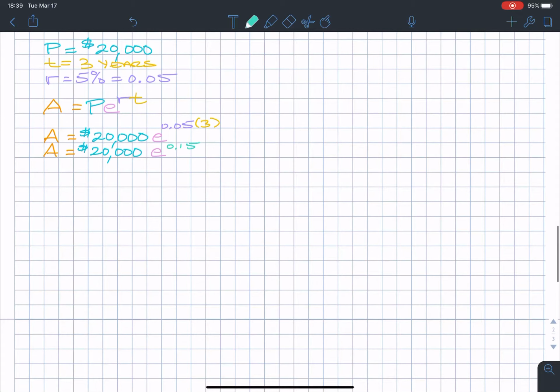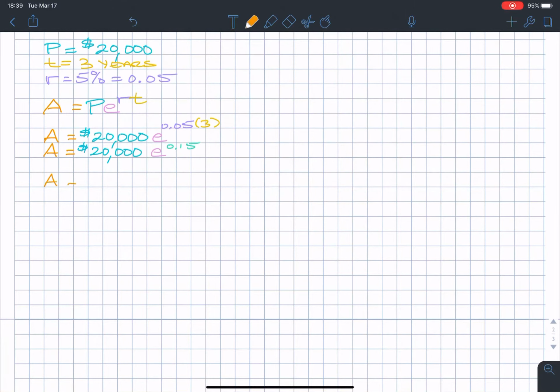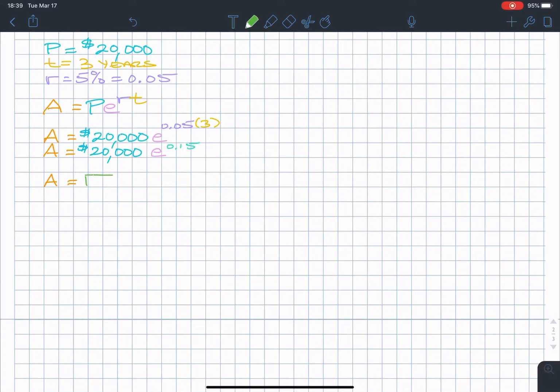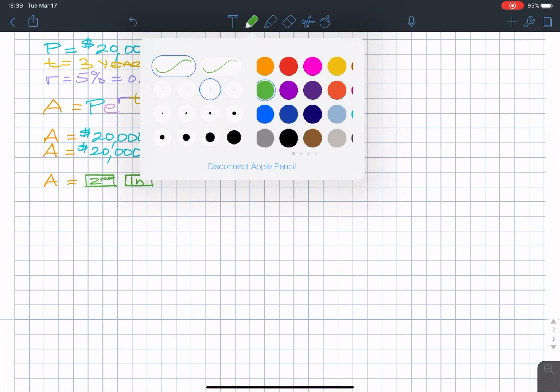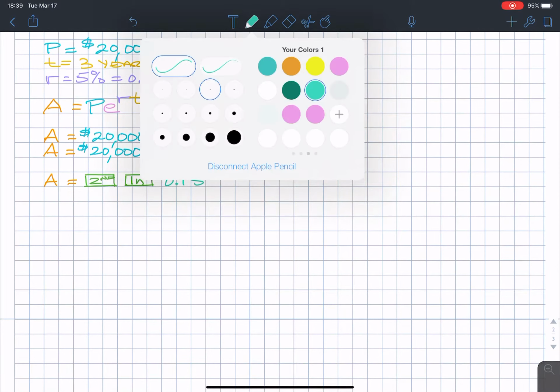Okay, so when I plug that into my calculator, let me show you how. So the amount will be, let's do this green. Remember, I need to get to E to the X. On my calculator, it's second, then ln. You might have ln X. I'm going to press 0.15 for the exponent. Then I'm going to say equals.